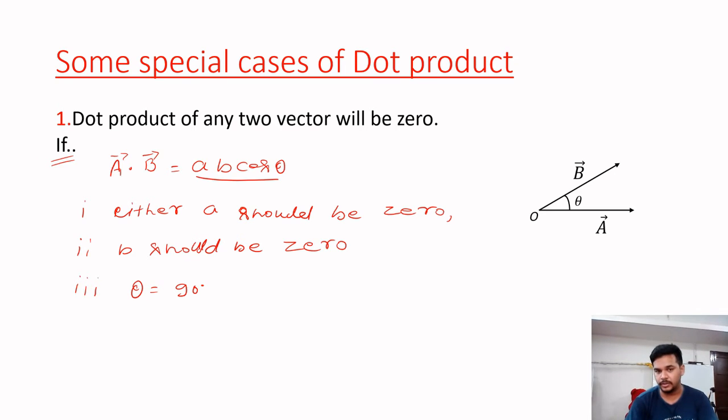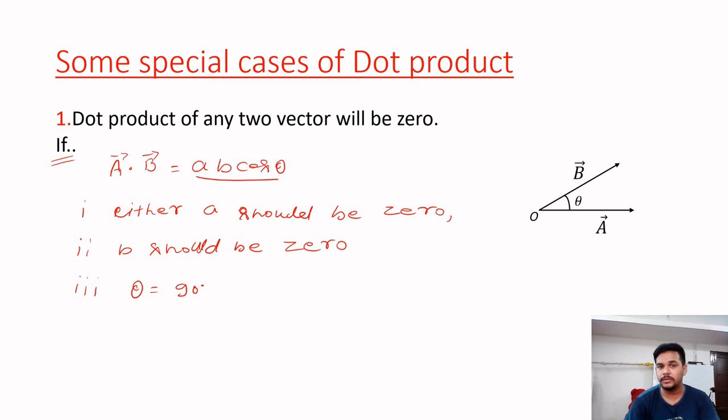In all three cases, either individually, or in a combination of any two, or all three together, the dot product of the two vectors is going to become 0.